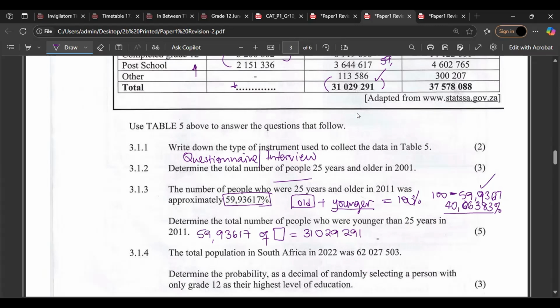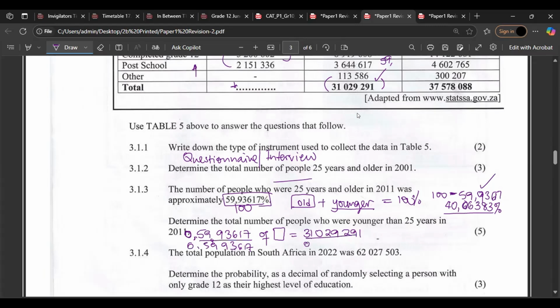So what do you do? We're going to divide through by, remember this is a percentage, né? It's a percentage, so it's better you make it a decimal. Because it's a percentage, we divide by 100 and you end up having 0, there's no comma here. It's 0.59. So you're going to divide through by that on both sides. What am I looking for?